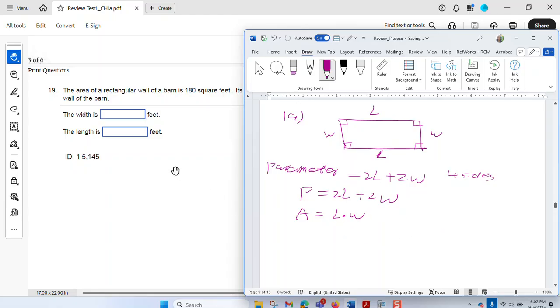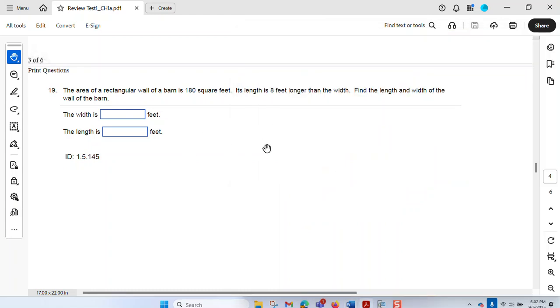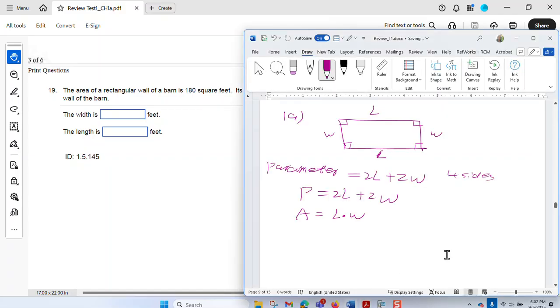This is our last one. Okay. This rectangle is 180 feet. So my A here is 180 square feet, or feet squared. Okay, that's 180 square feet. All right, and what is the relationship of the length and width?